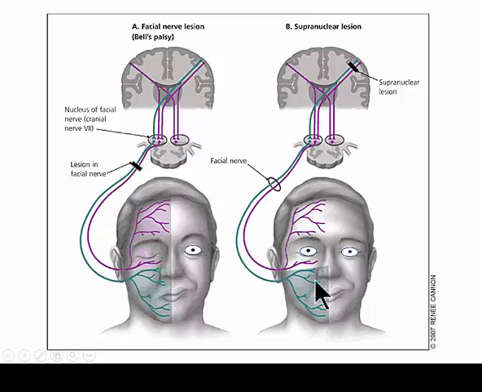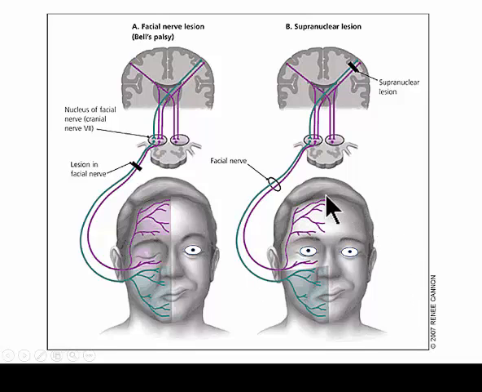And if he can do that but has a frown down here, then you're going to think he's probably got a unilateral stroke or tumor. If both sides are paralyzed, then he's got something like Bell's palsy, a tumor at the pontomedullary junction, or polio, or some lower motor neuron problem that's going to paralyze both sides.